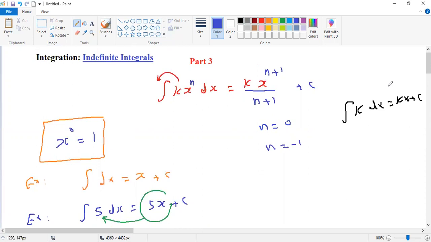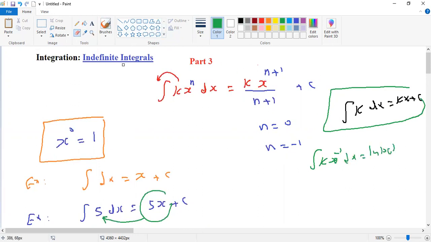That is the first case, n equal to 0. What about -1? To remind you, I have k x to the power -1 dx, which equals ln of the absolute value of x, but there is a constant k. Don't forget the k. So it is k ln of x plus c.